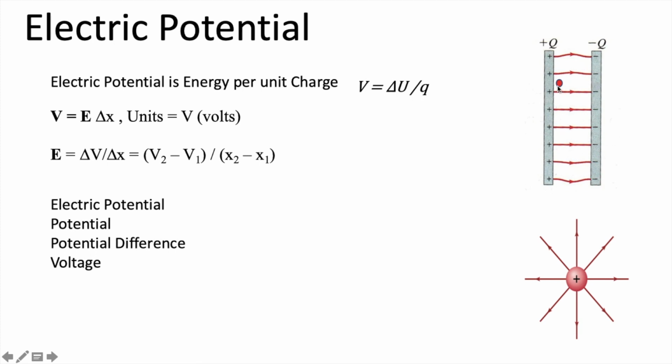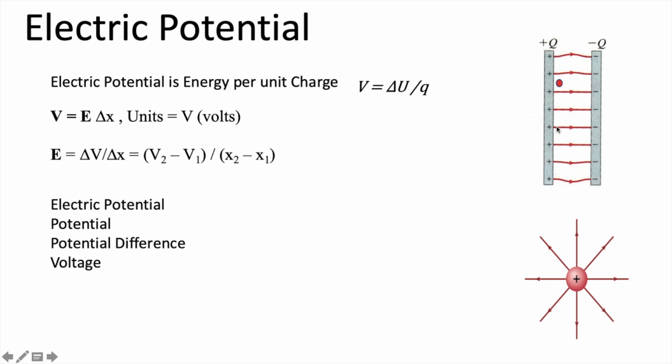So this red dot here is any charge that has charge small q. For this q, it's like a rock raised from the ground higher up. Now that rock is in the gravitational potential, and the energy of that rock is called the gravitational potential energy.